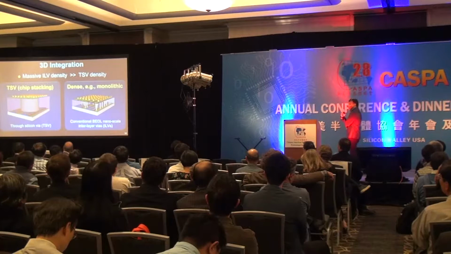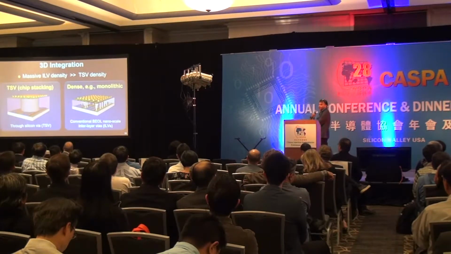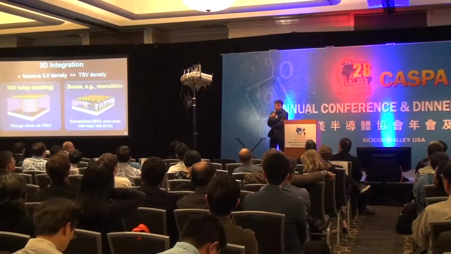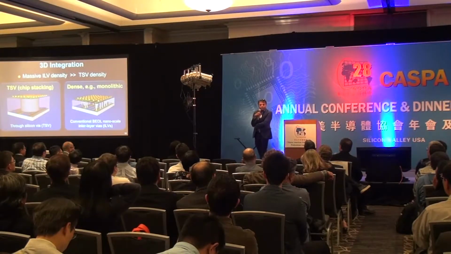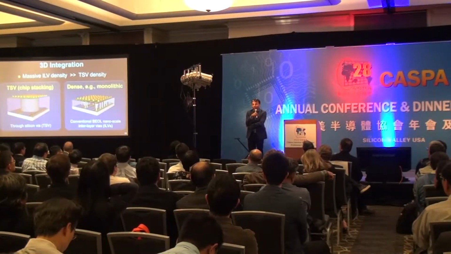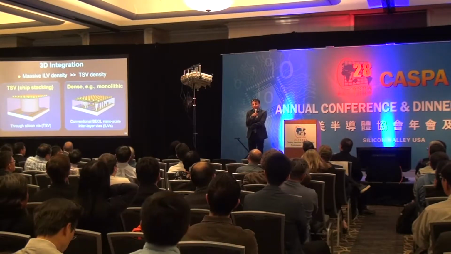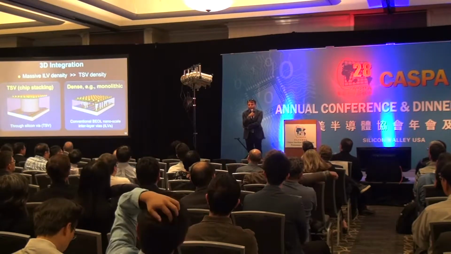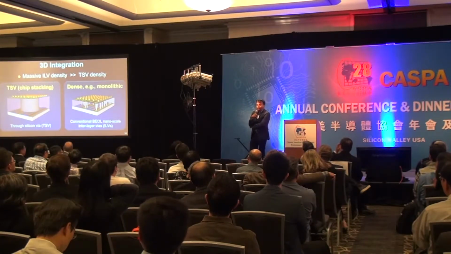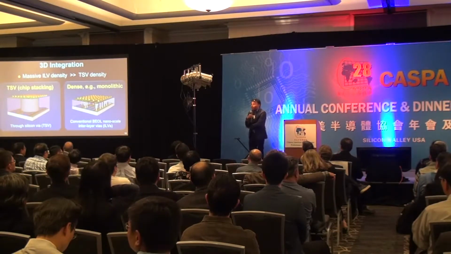Now, the way I think of through-silicon vias is the way I think about if I have to drive between San Francisco to Berkeley. Both are quite populated cities, but there are only 3 bridges, right? The Dumbarton Bridge, the Bay Bridge, and the San Mateo Bridge, and maybe the San Rafael Bridge, right? 4 bridges maybe. And that's why it doesn't really matter what time of the day you drive, you're always stuck in traffic, right?